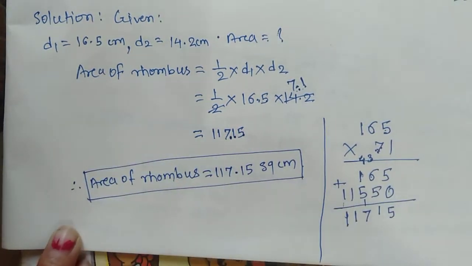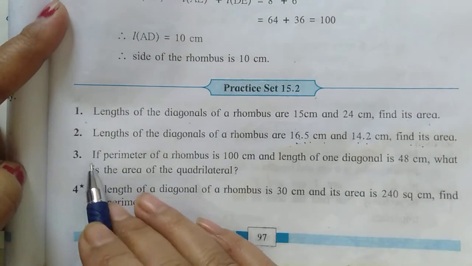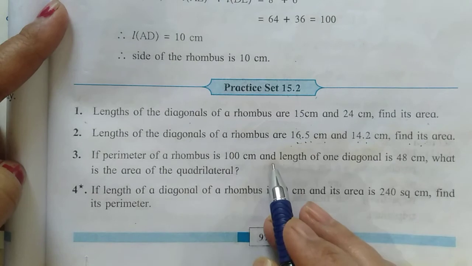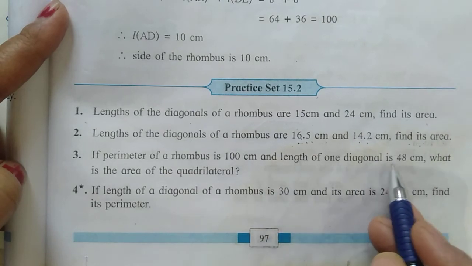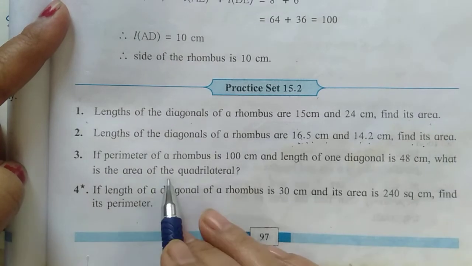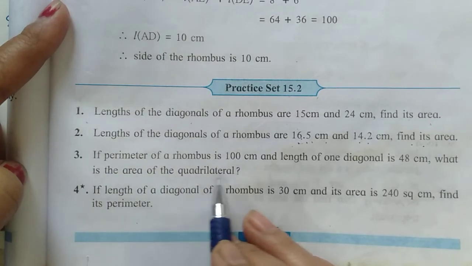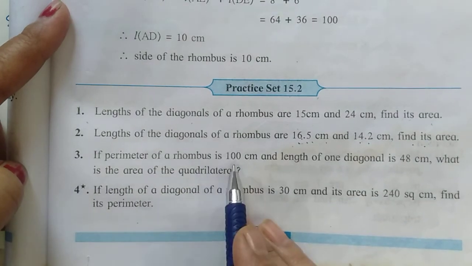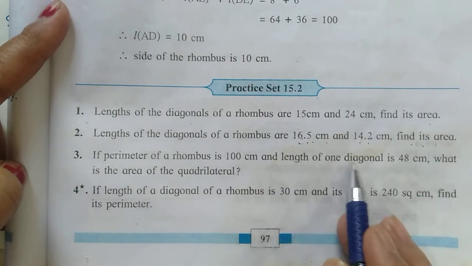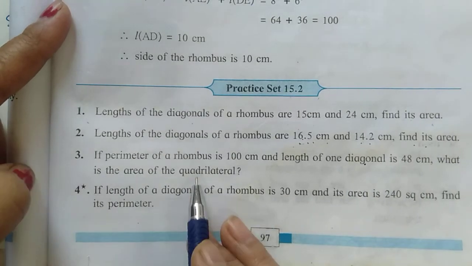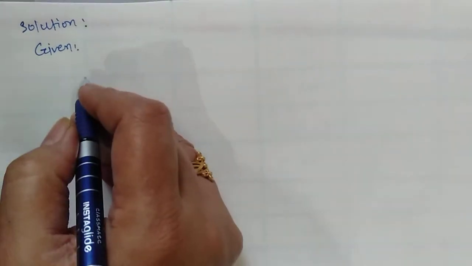Very simple. Now see the third question. If the perimeter of a rhombus is 100 centimeter and the length of one diagonal is 48 centimeter, what is the area of the quadrilateral? Okay, so here the perimeter is given and the length of one diagonal, meaning d1, is given. So find out the area. See the solution. Firstly write down the given things.